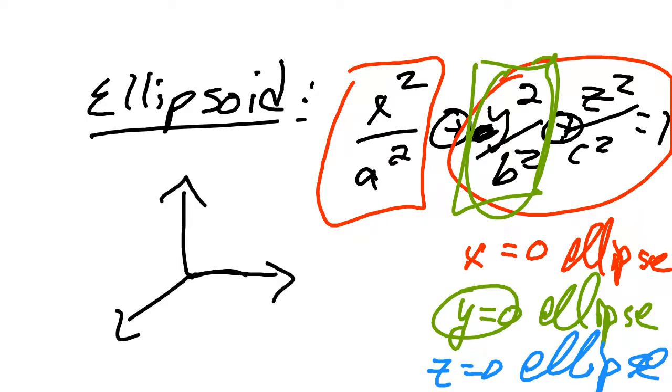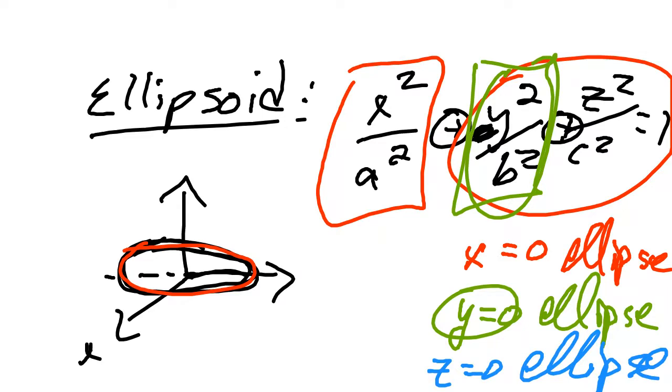So if this is my x, and x is 0, then I'm getting an ellipse here, basically along the slice of the board. I should have done that one in red, I'm sorry. If x is 0, that's an ellipse along the slice of the board.